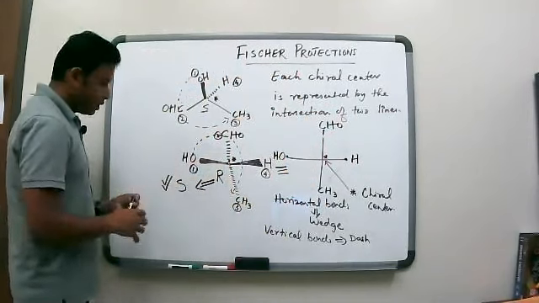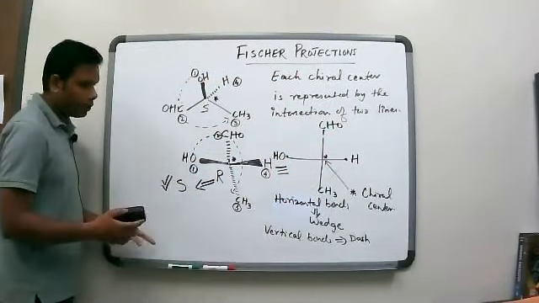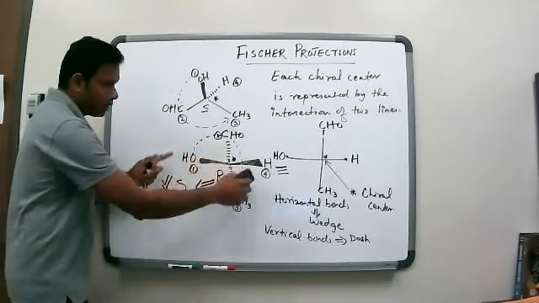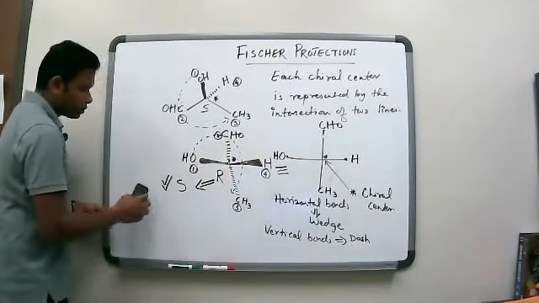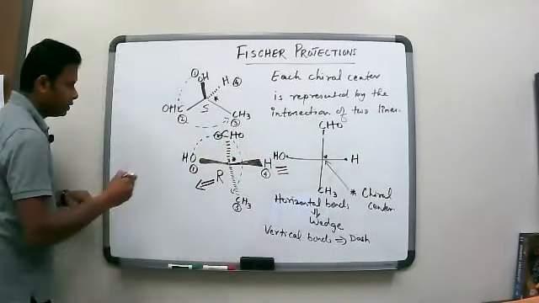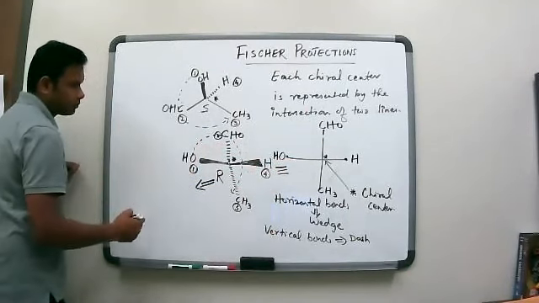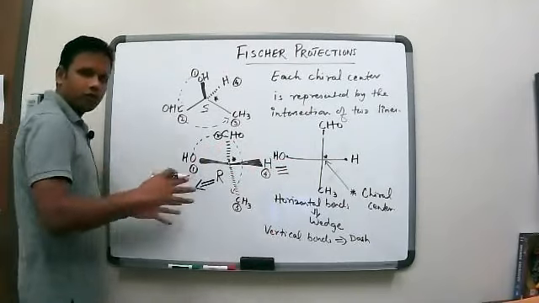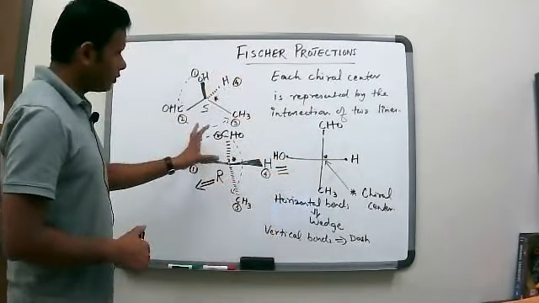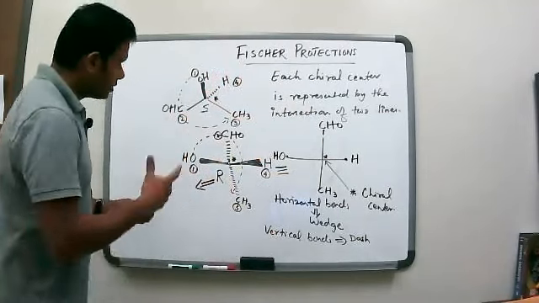Now, just to make a point and show you how my other Fischer projection would have been wrong, if I did it the other way around. Let me go ahead and do it.